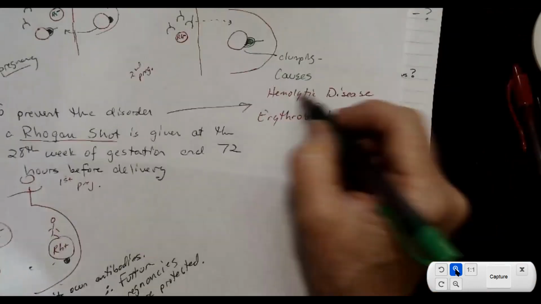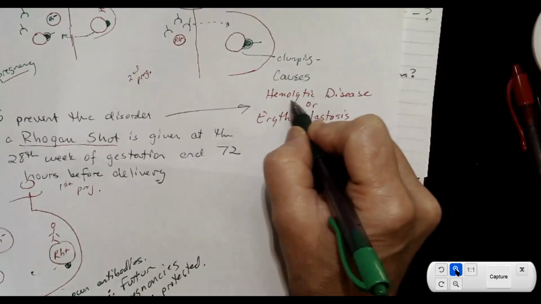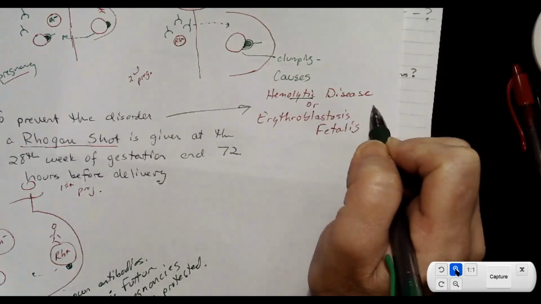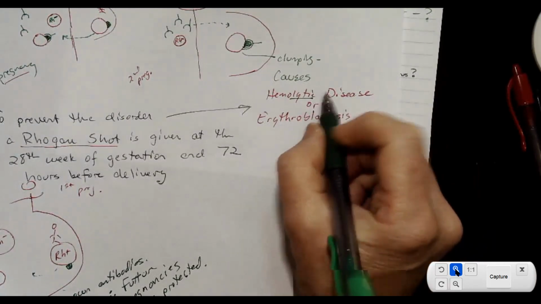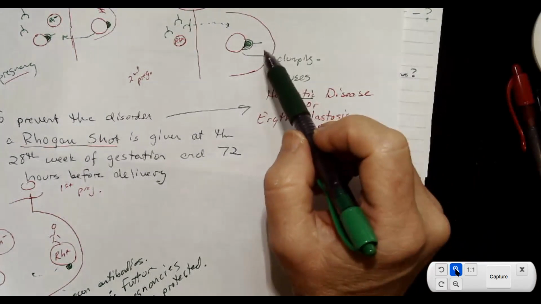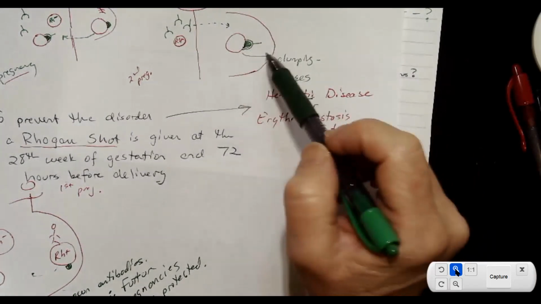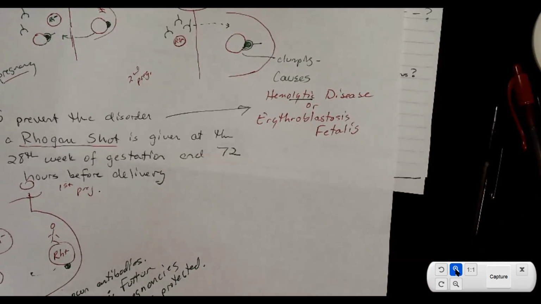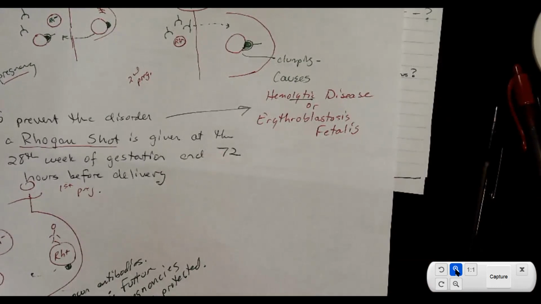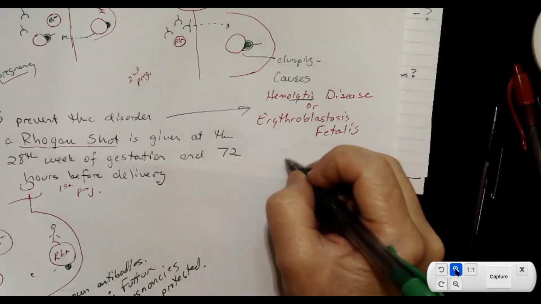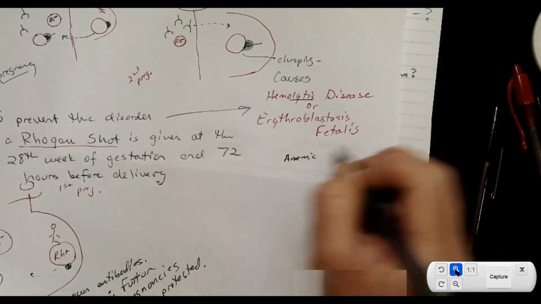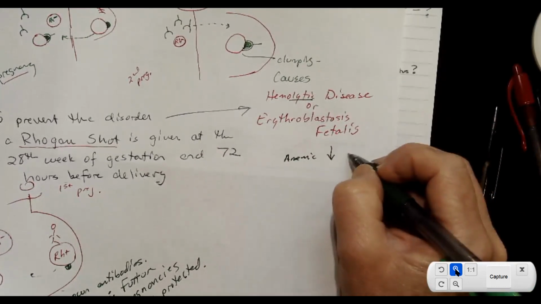And what happens, hemolytic, if something is lytic, that means that you're destroying the erythrocytes in this case, and therefore the infant can be anemic. And if something is anemic, it's low oxygen content.